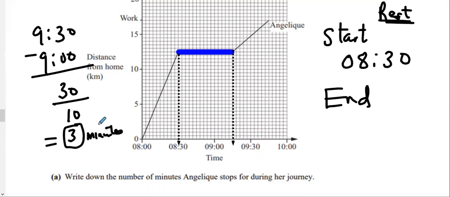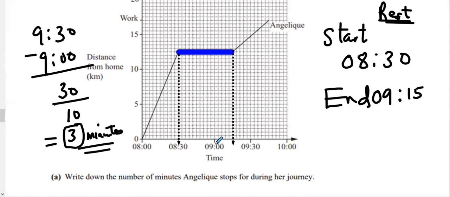Okay. Can you see that? So each line equals 3 minutes, meaning this is 9 o'clock, 9:03, 9:06, 9:09, 9:12, 9:15. So the rest ends at 9:15. Let me check it again. We have each line equals 3 minutes.